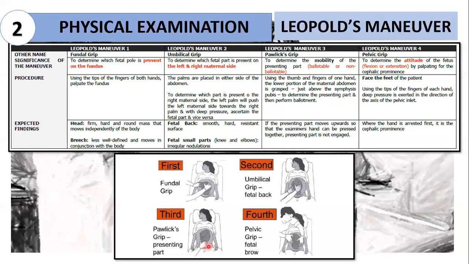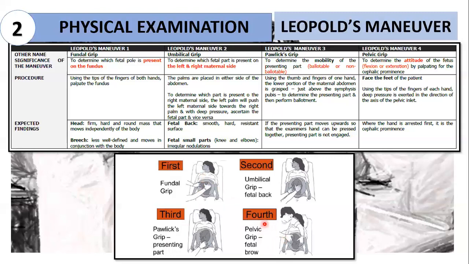Okay. And then lastly, we change our position here. As you can see in the first three maneuvers, we are facing the mother's head. And as for the fourth maneuver, we'll be facing the patient's feet. The fourth maneuver is called the pelvic grip.